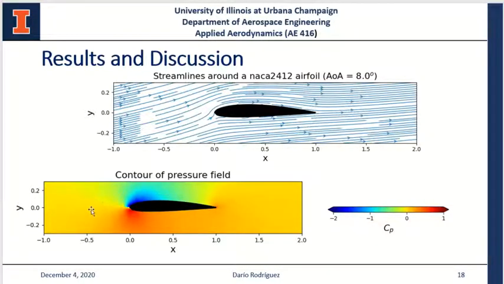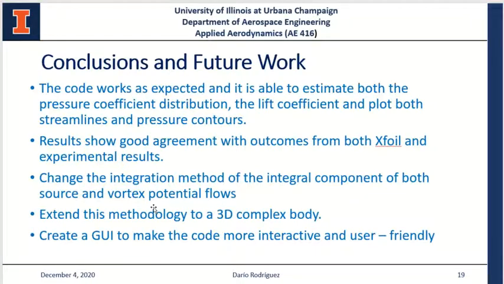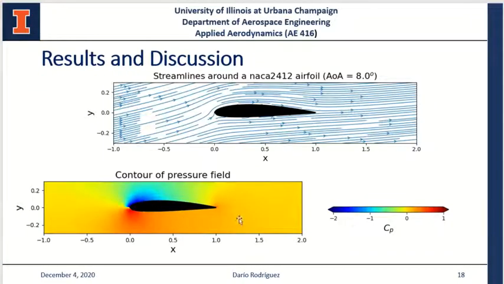All of this pressure is negative, which produces lift, and the pressure right here is positive, and the combination of this pressure difference produces lift. So the results agree with what was expected.